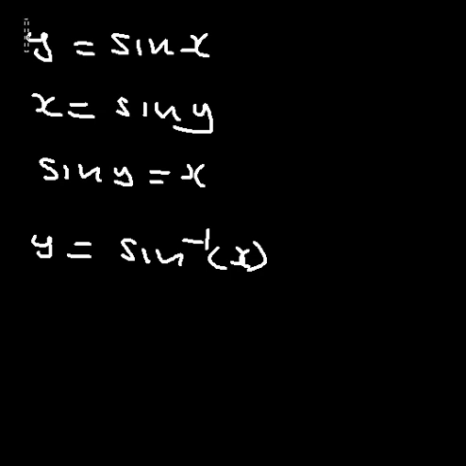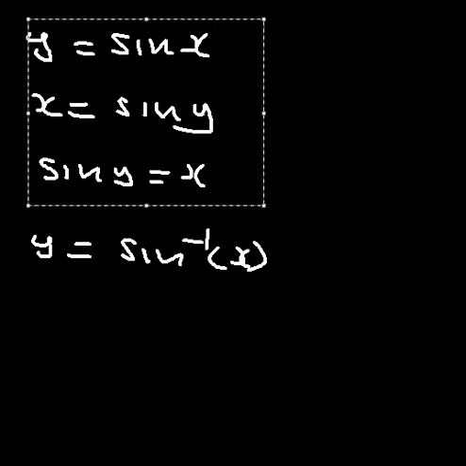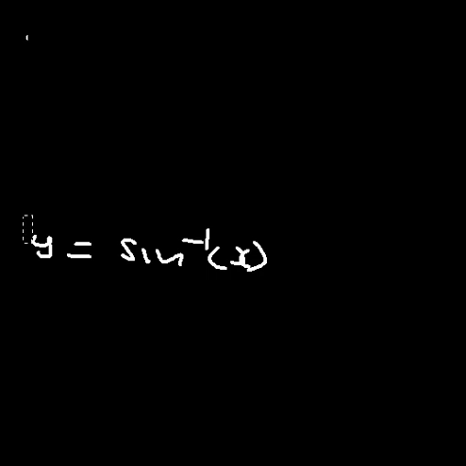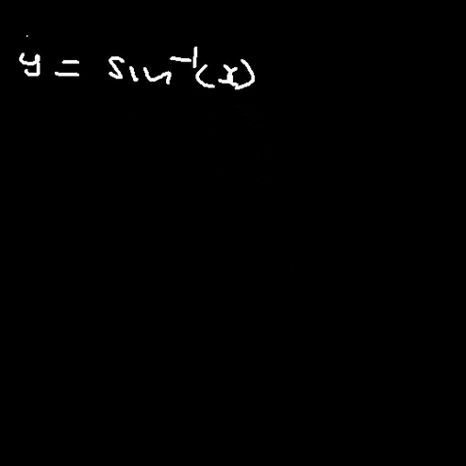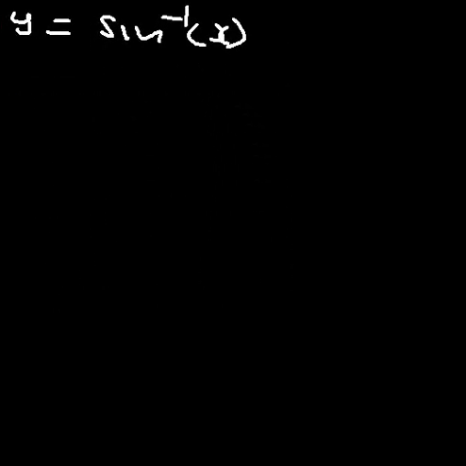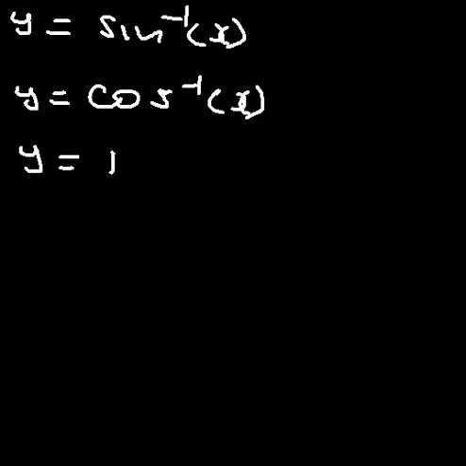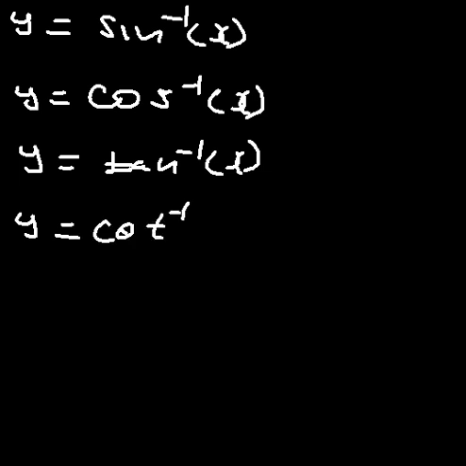Apart from this one, we also have, let's say, y is equal to cos inverse of the function. y is equal to tan inverse of the function, and also y is equal to cot inverse of the function.